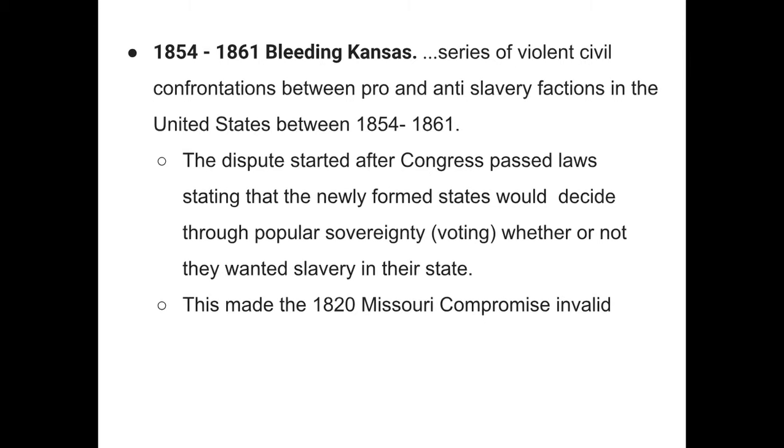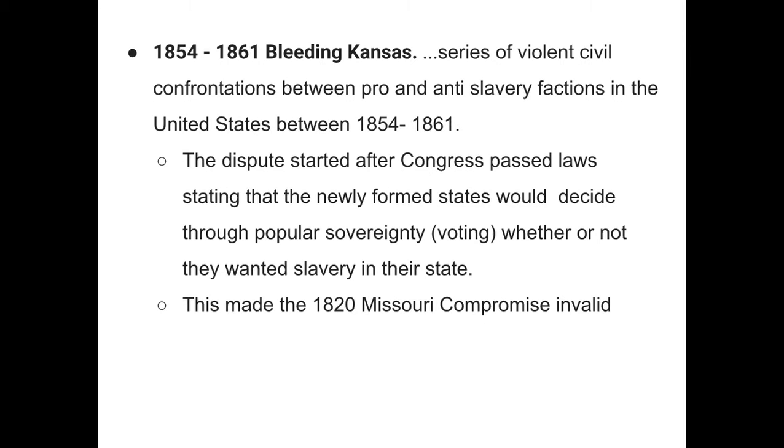And what we decided from the Kansas-Nebraska Act of 1854 was that we were going to allow the states popular sovereignty to decide whether or not they wanted to have slavery in their states.